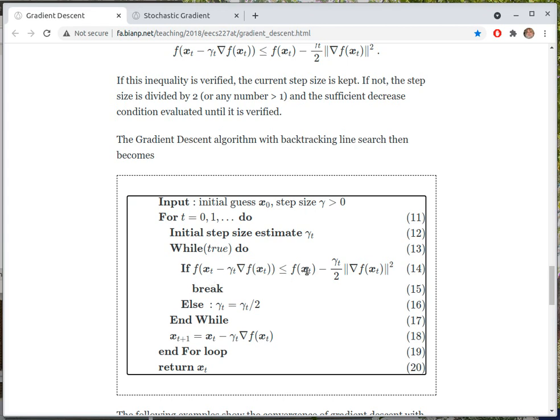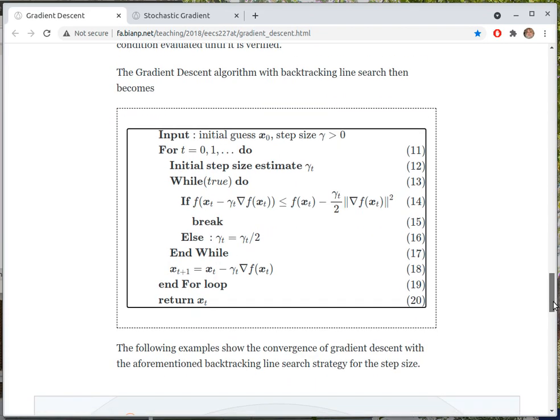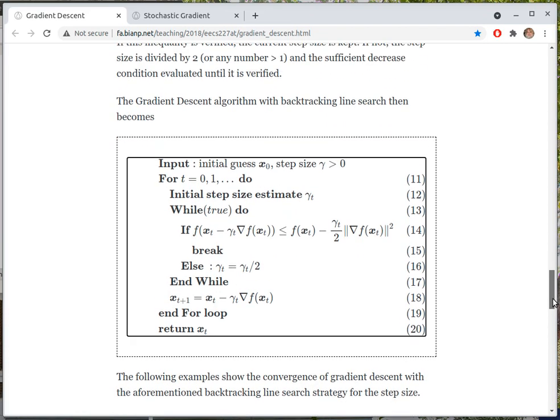And so once this inequality is true, we break out of the loop and we just go and do our gradient descent. Okay, and then we get the next value of x of t, and then you get the step size and use gradient descent and just repeat over and over again. Good. So we're going to talk about some stopping criterion as well in our MATLAB code.